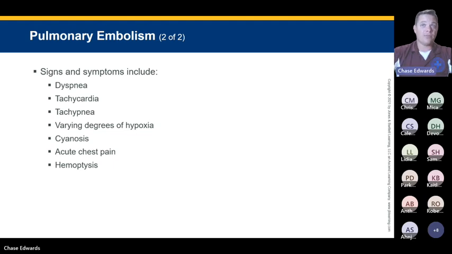Difficulty breathing, fast heart rate, fast breathing, impending sense of doom, cyanosis, hypoxia, acute chest pain. You get all of those, your brain should be hitting on all cylinders at that point that this is an issue. We need to get them somewhere fast. I need ALS as quickly as possible, because just as fast as it starts, it can kill you.